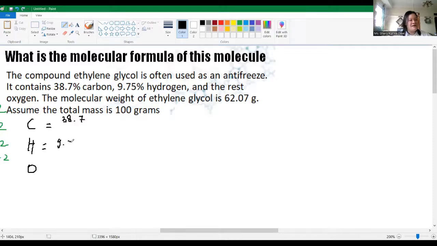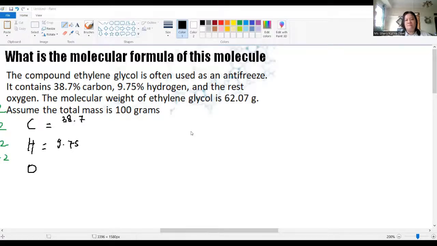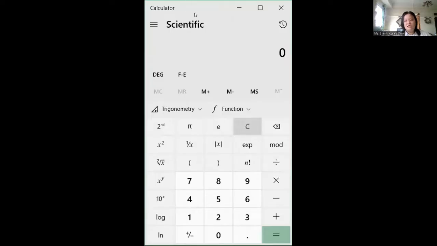This one is 9.75. And then I will share my calculator here. This one is 100 minus 38.7 minus 9.75.